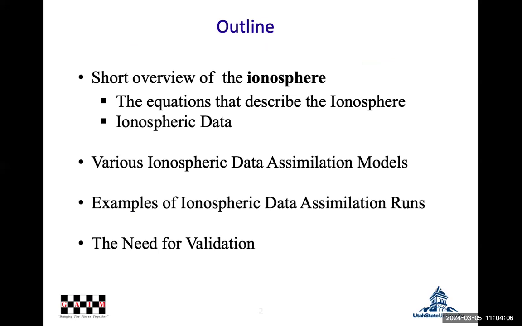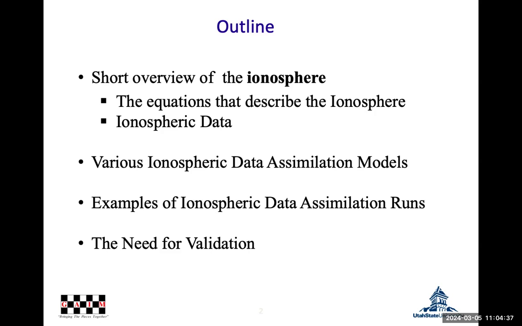As I understand, this is a very diverse community, the GeoDAWG community, with solar people, magnetosphere people, ionosphere people, and thermosphere people. So I will start with a short overview of the ionosphere, with the emphasis on what I think is important with respect to data assimilation.